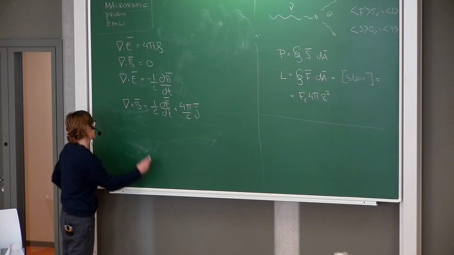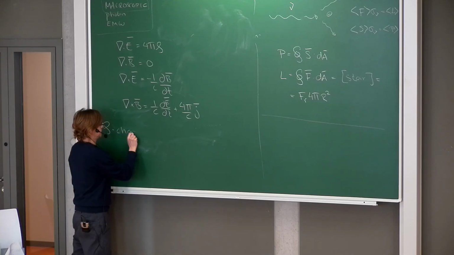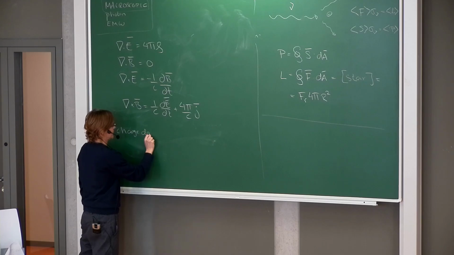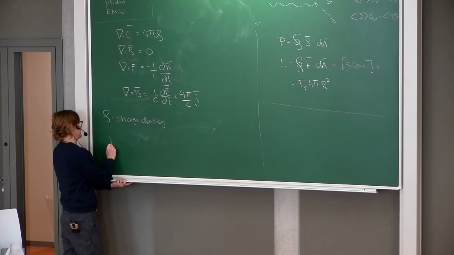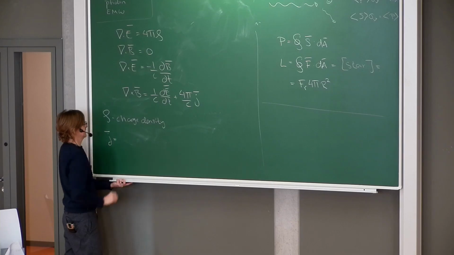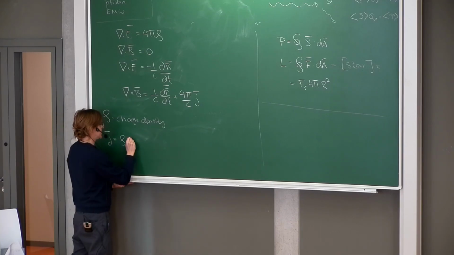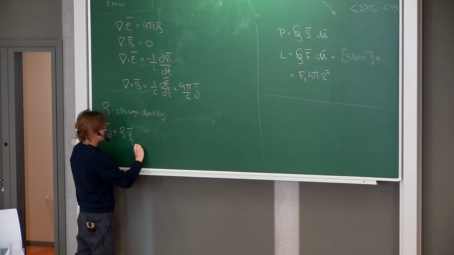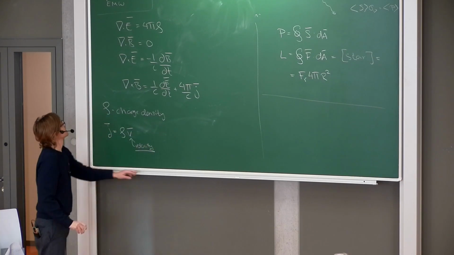Rho here is the charge density, and J is the current density. So J is the charge density times v, where v is the velocity.